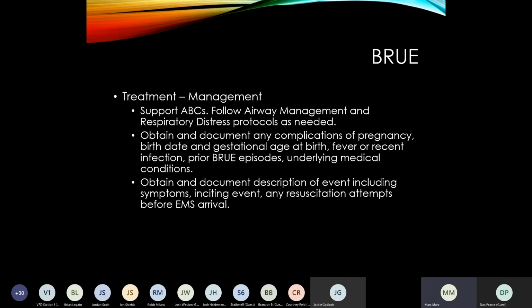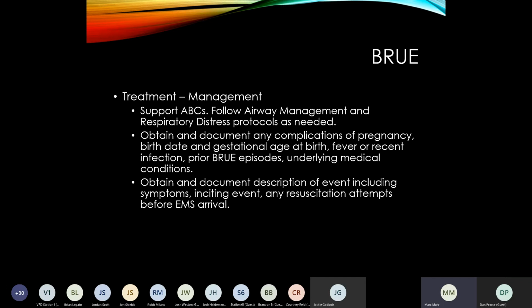Treatment: support their ABCs, follow airway management and respiratory distress protocols as needed. Document any complications of their previous history. Were there issues in pregnancy? Is there a congenital anomaly? What was the patient's estimated gestational age at birth?